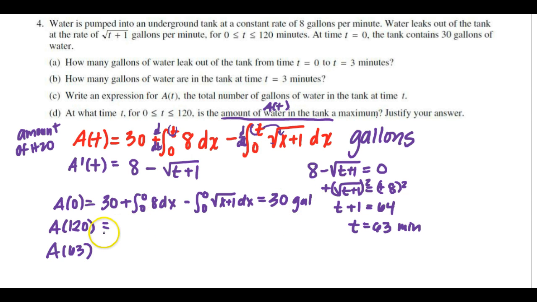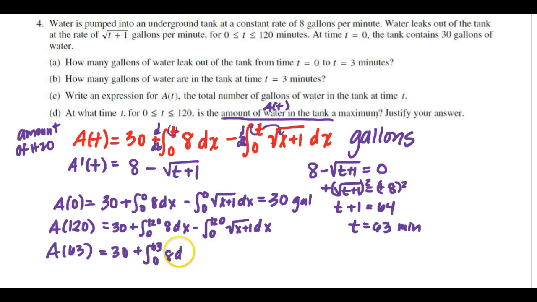And then we need to substitute in a of 120 and a of 63. So we have 30 plus the integral from 0 to 120 of 8 dx, minus the integral from 0 to 120 of radical x plus 1 dx. And then we're going to have to do 30 plus the integral from 0 to 63 of 8 dx minus the integral from 0 to 63 of radical x plus 1 dx.